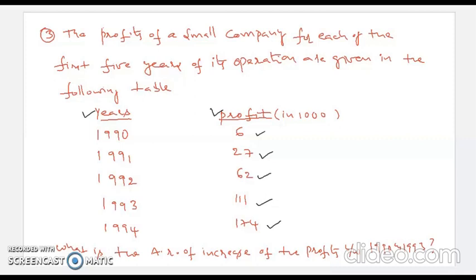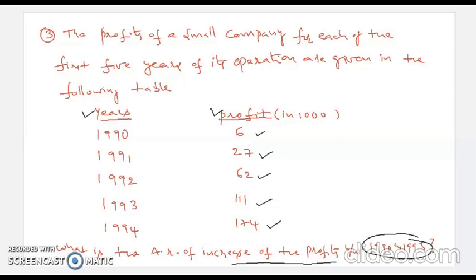Here, what is the average rate of increase of the profits between the years 1990 and 1993? Here we are going to find the average rate of change of profits between the years, only from the given table.